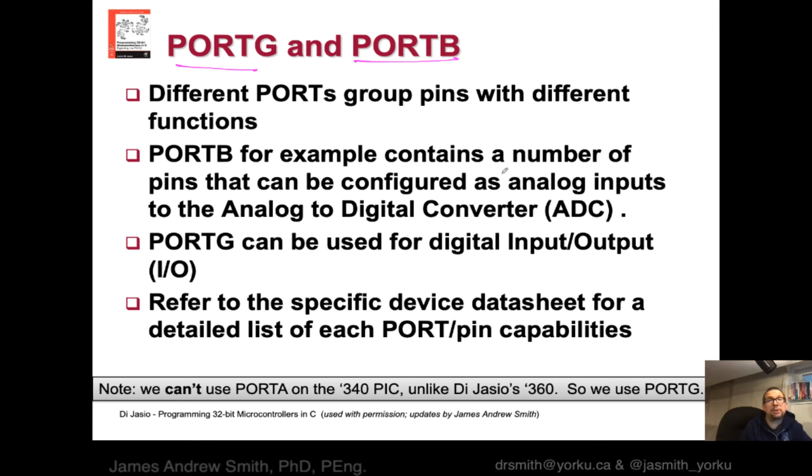Port B, for example, contains a number of pins that can be configured as analog inputs for the ADC, the analog to digital converter. Port G is typically used for digital input and output. So depending on your chip, and you want to refer to the data sheet, you sometimes need to use port A instead of port B, or port G instead of port C. Look at your data sheet to figure out which one you want to use.